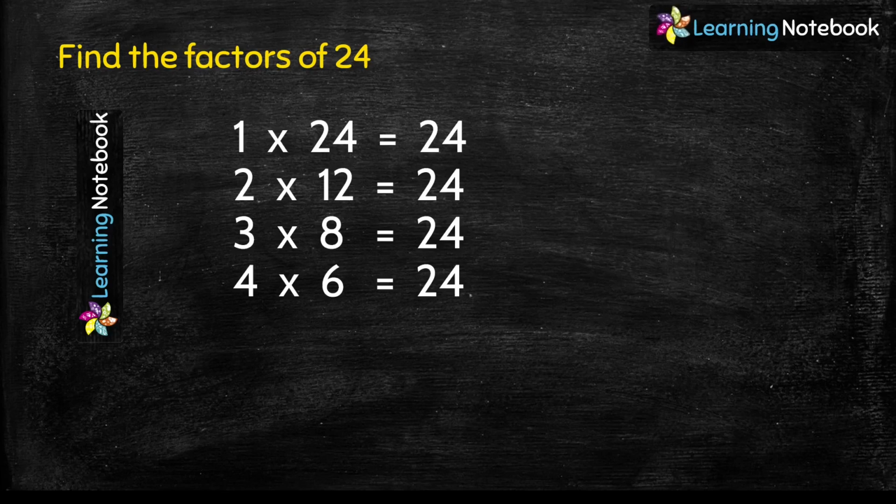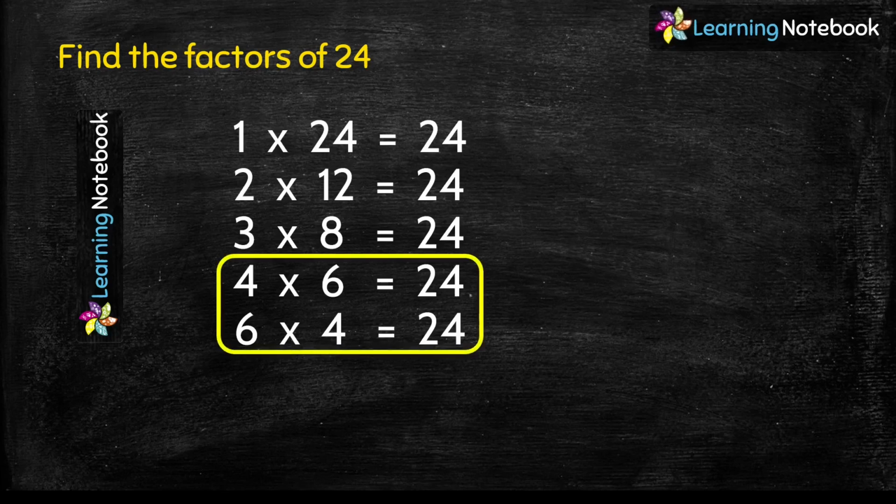Now students, 24 does not come in the table of 5. Or we can say 24 is not divisible by 5. And in the table of 6, 6 into 4 equals 24. But we have already covered it as 4 into 6 equals 24. So it means we have to stop at 4 into 6.